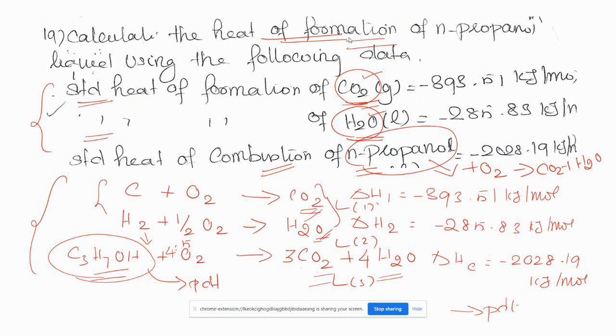So what we have done is, we have modified the equations in such a way that we should get the C3H7OH in the product. So first thing is, when you need the reactant in the product side, this should be negative. Then only you can bring it to the positive. That means wherever the reactant is there, that equation has to be subtracted.